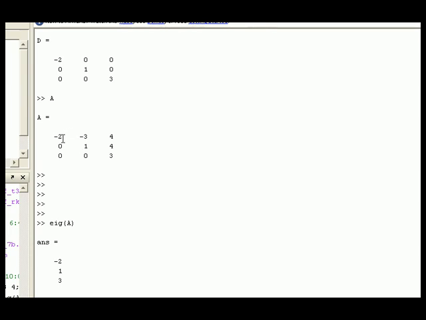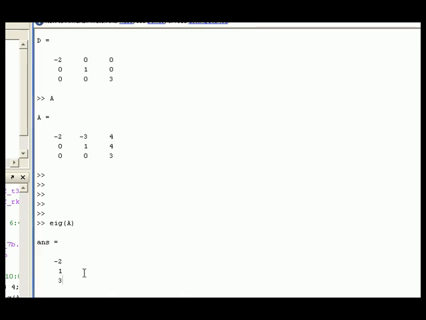The eigenvalues, you can read them off the diagonal, so we could actually figure that out without MATLAB's help. But in a more general 3 by 3 case, you couldn't, and you can use MATLAB to find the eigenvalues. That means that one solution is e to the minus 2t times its eigenvector, one is e to the t times its eigenvector, one is e to the 3t times its eigenvector.